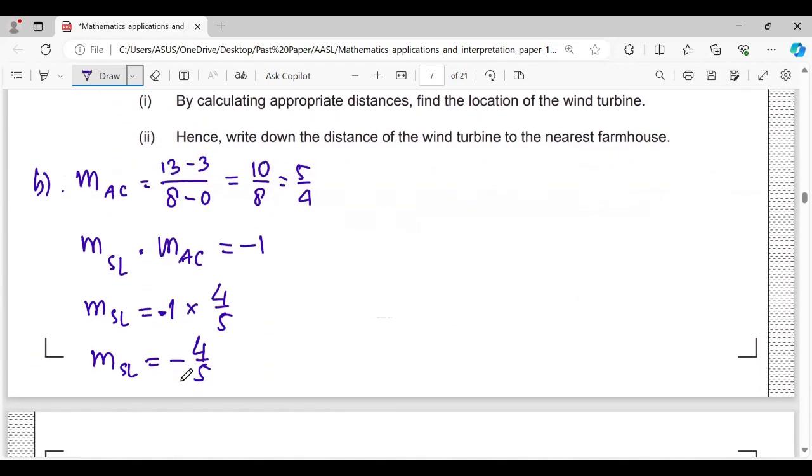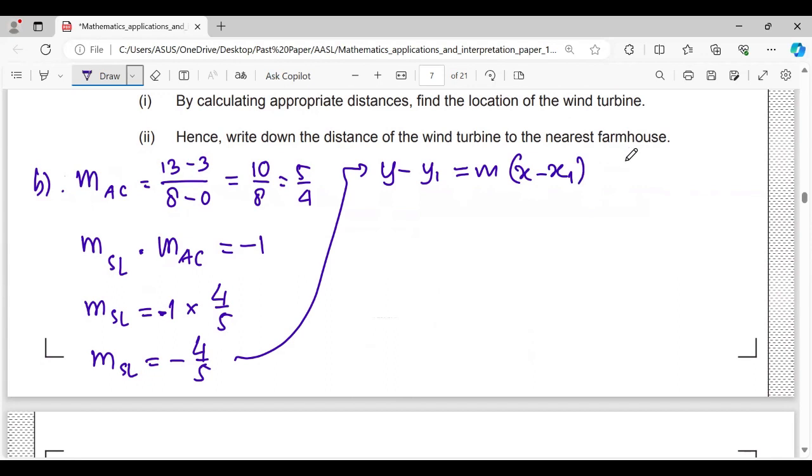And the equation: y minus y1 equals m times x minus x1.